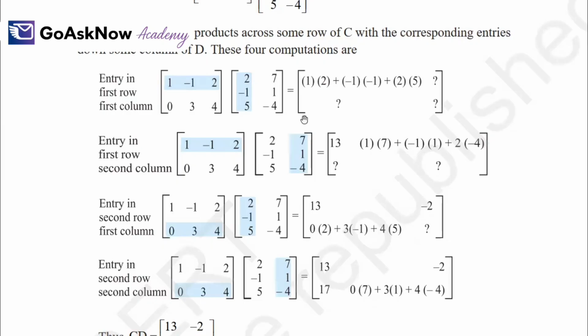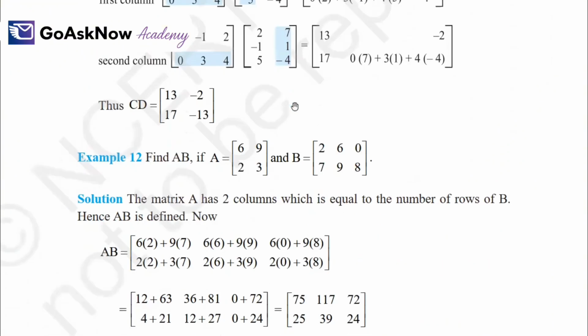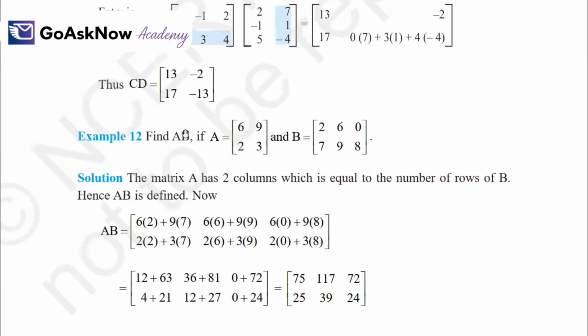Similarly, you do it for the first row and second column element. By following this method, you get each element of the matrix product. So CD comes out to be [13, -2; 17, -13].